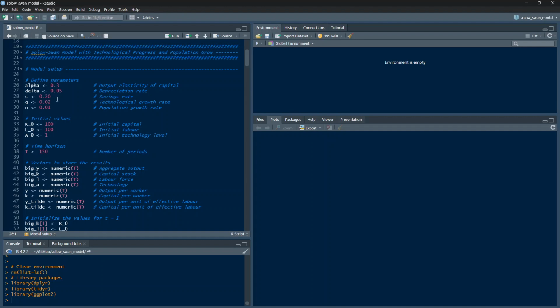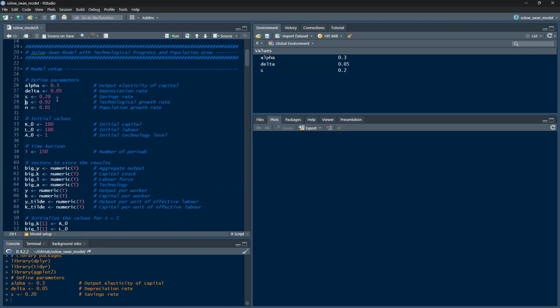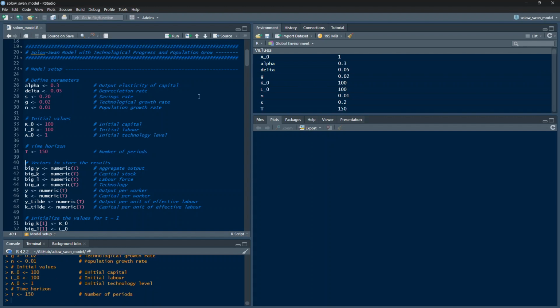So let me just quickly run all of these, and you'll see as I'm running each of these lines of code, the values are popping up here in our environment on the top right-hand side, exactly as we've defined them. The time horizon, again, is going to be an arbitrary number, but around 150 time periods is a nice period of time for us to be able to see the dynamics of the model.